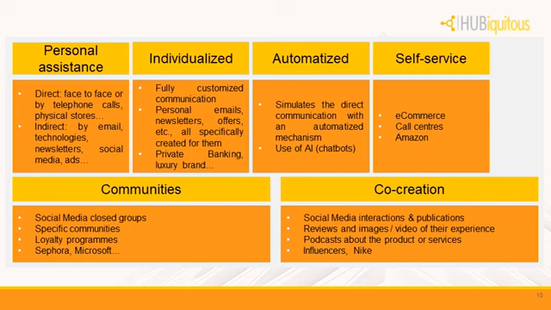If you enter the Amazon marketplace, you perform the whole purchase process without anybody assisting you. Then a call center is also self-service. You call for your need, and maybe an automated service is going to answer your different needs. And in e-commerce, we have marketplaces such as Amazon, for example.